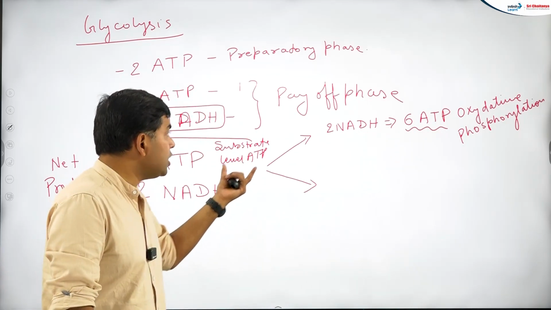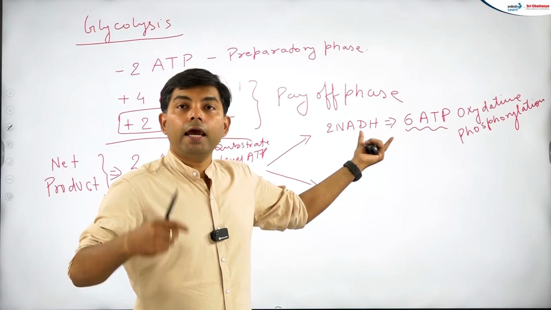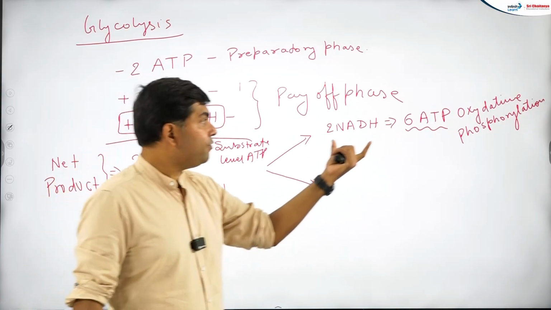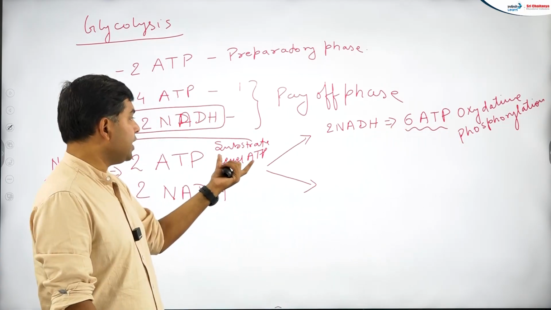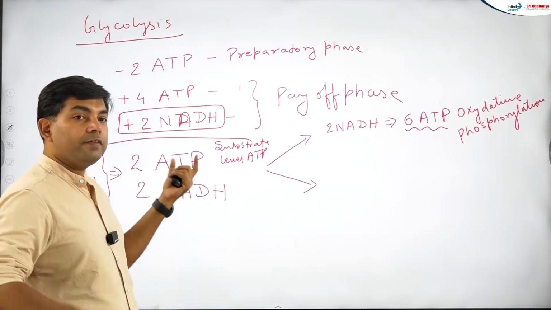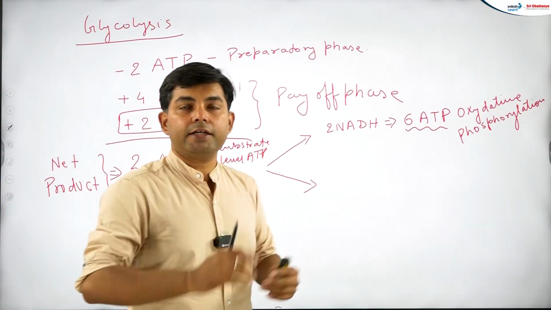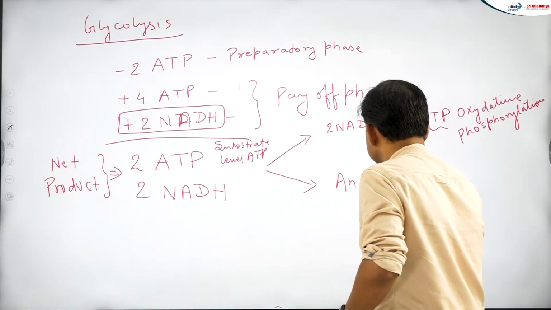How many total ATP produced in glycolysis in aerobic respiration? 6 plus 2. If they specify oxidative phosphorylation, you go for 6. If they say substrate level, you go for 2. If they say total net ATP produced, 6 plus 2, 8 ATP, right? But what in case of anaerobic respiration?